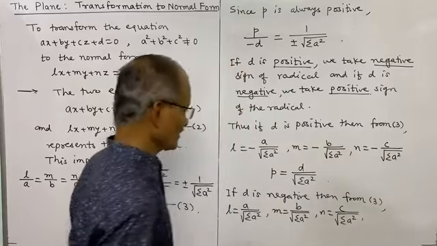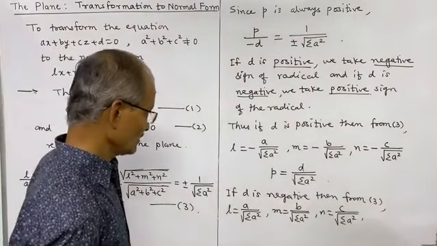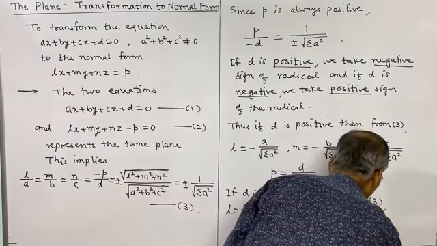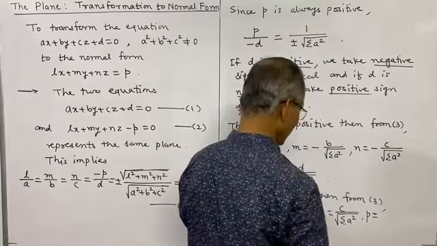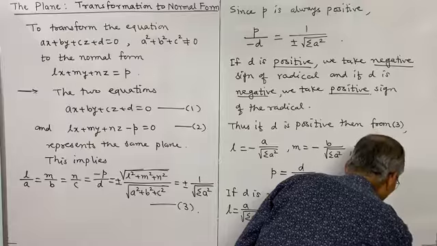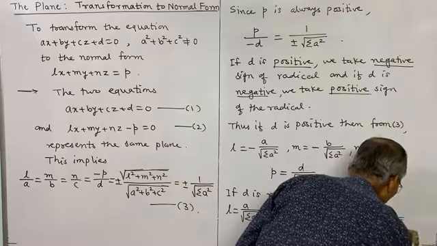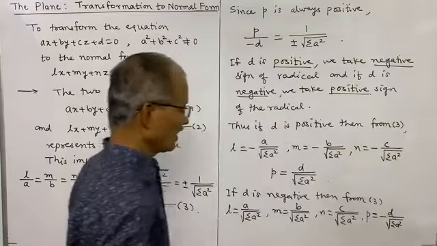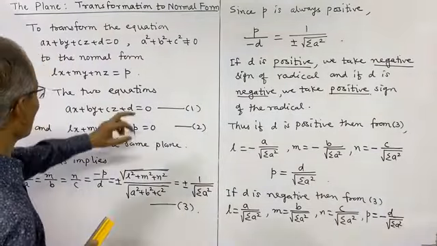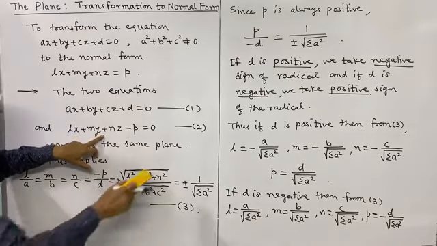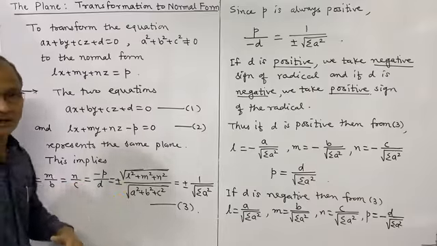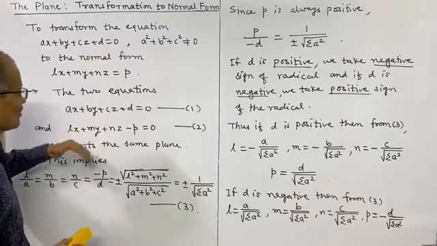And what about P? P will be negative D divided by the square root of summation A square. So these are the values we have. Now from the second equation, we have to put these values of L, M, N and P in the second equation, and then we will get the equation of this plane in normal form.